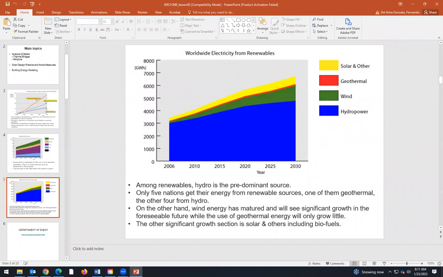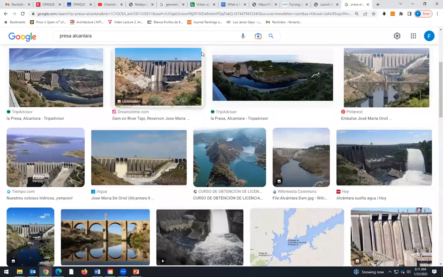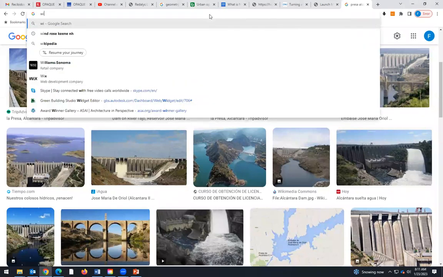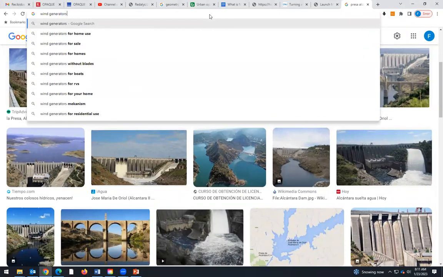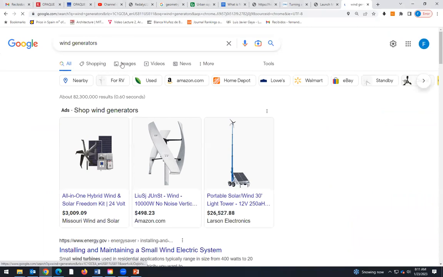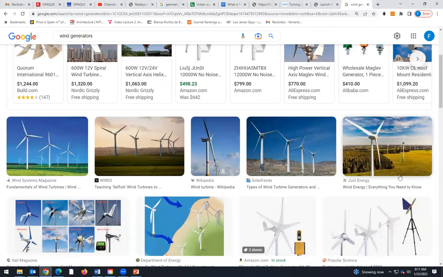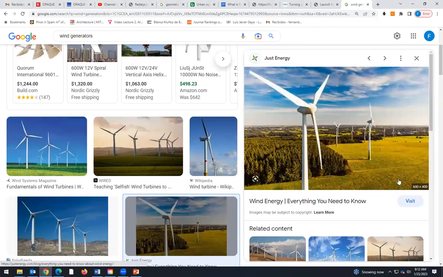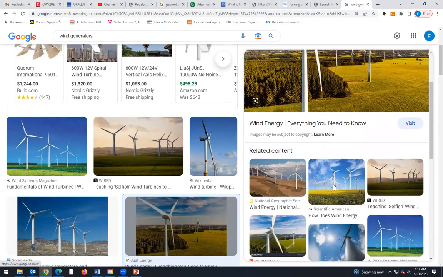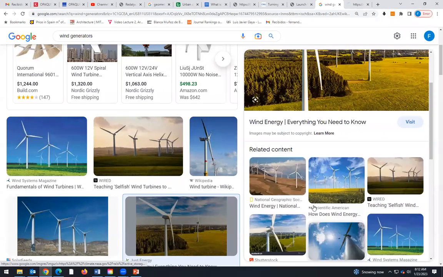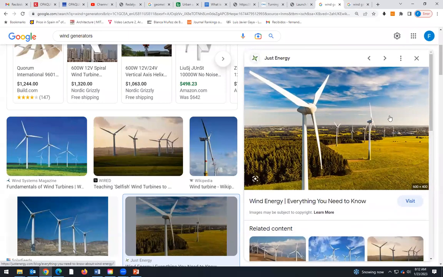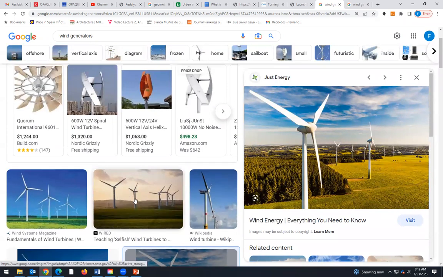Then we have wind. We all know what wind generators are. Again, it has an impact on the landscape. It's renewable energy, but it impacts the landscape, and it impacts life, especially birds around those kinds of installations.